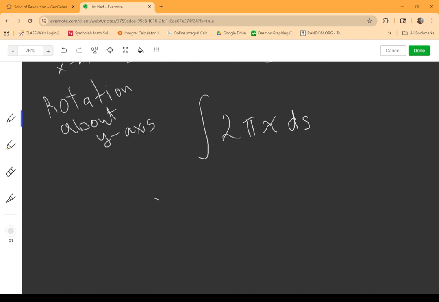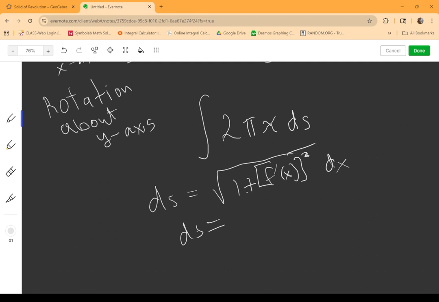So ds would be either the square root of 1 plus f prime of x squared dx, in this case, and then you leave the x alone as is, or 1 plus g prime of y dy.